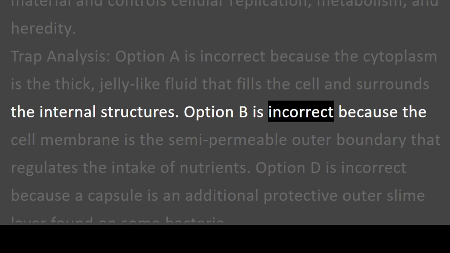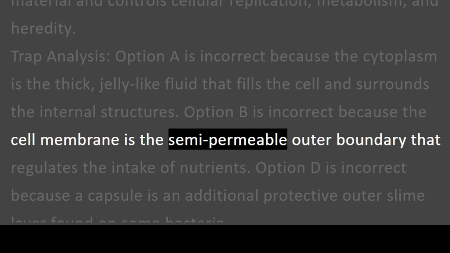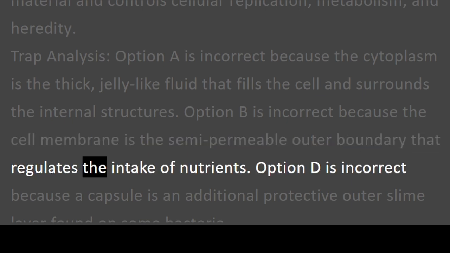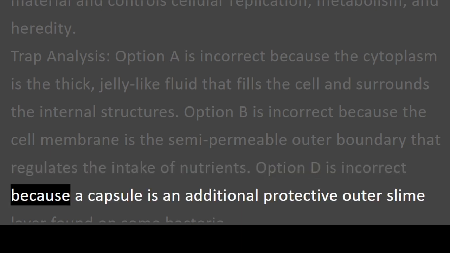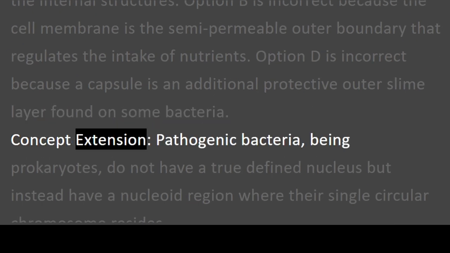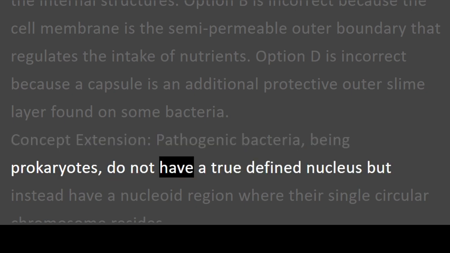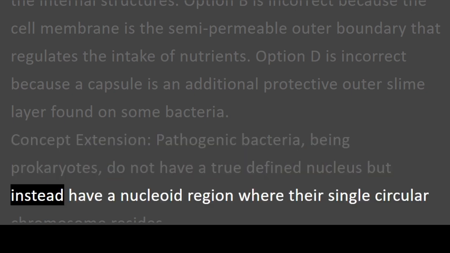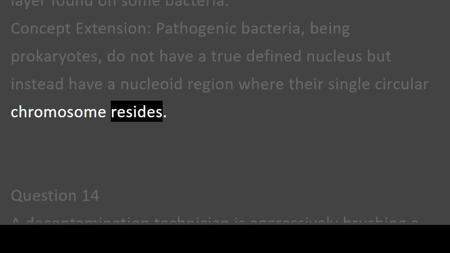Option B is incorrect because the cell membrane is the semi-permeable outer boundary that regulates the intake of nutrients. Option D is incorrect because a capsule is an additional protective outer slime layer found on some bacteria. Concept extension. Pathogenic bacteria, being prokaryotes, do not have a true defined nucleus but instead have a nucleoid region where their single circular chromosome resides.